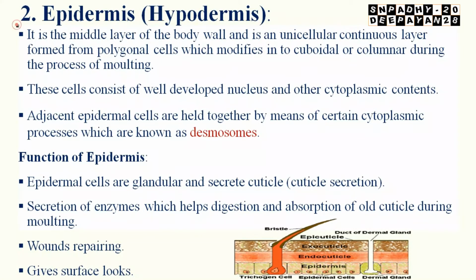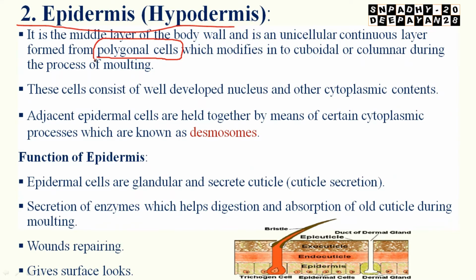Then come to the epidermis. Epidermis or hypodermis is the only cellular layer present in the integument. So this is the middle layer. Inner is the basement membrane, middle is the epidermis, the only cellular layer. Outer is what? The cuticle. Okay, from where are they formed? From polygonal cells.